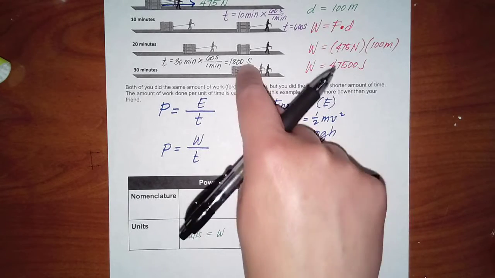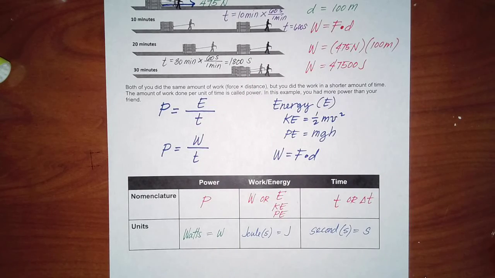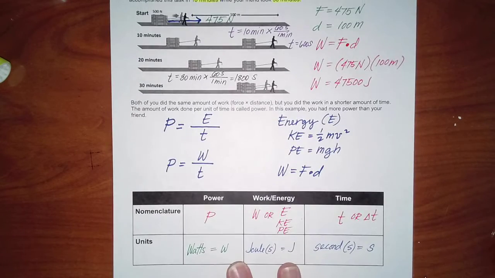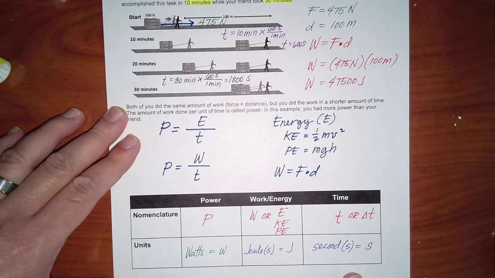So that's the total time your friend took to finish the work, while you only took about 10 minutes, which is 600 seconds.